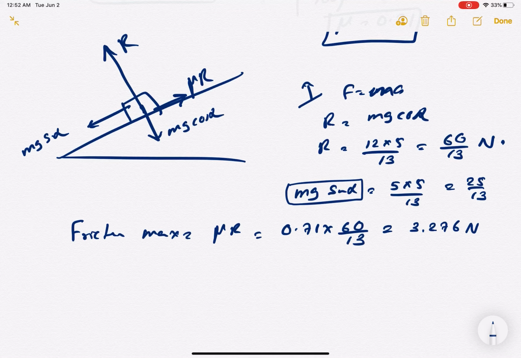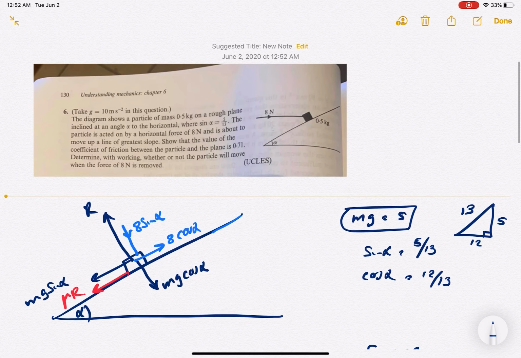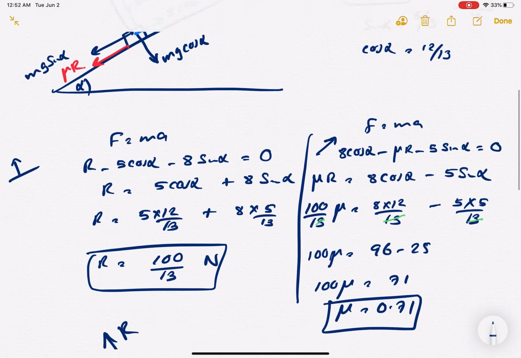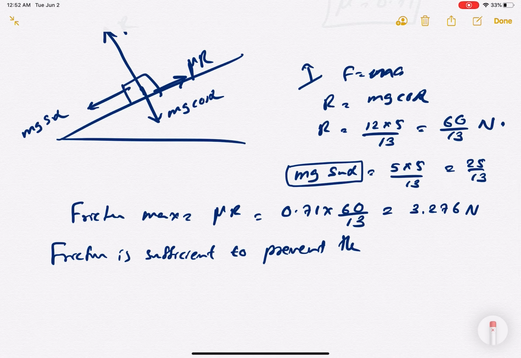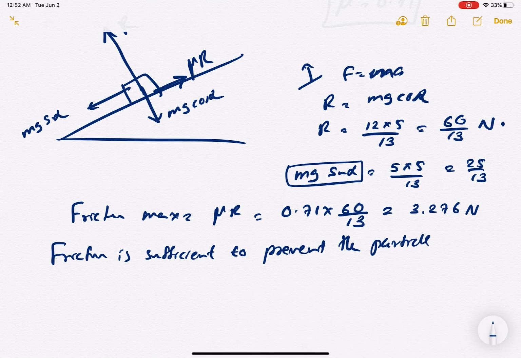So that means friction is sufficient to prevent the particle from sliding down. 3.276 is greater than 25 by 13 newtons.